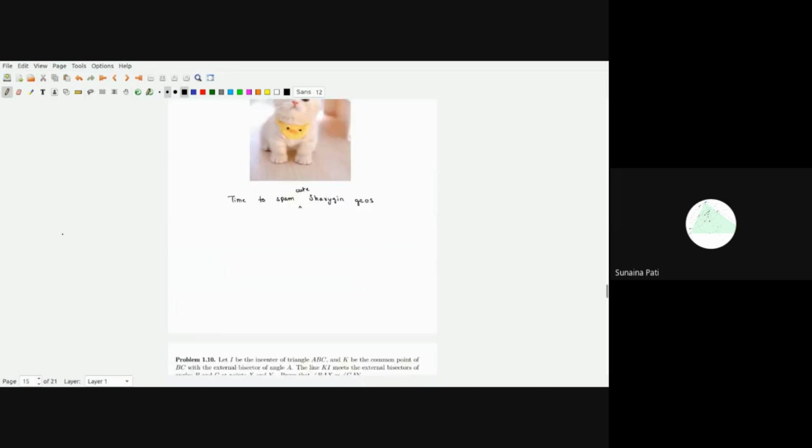Okay, so the problem is: let I be the incenter of triangle ABC, K be the common point of the external bisector of BC with the angle A, and then you intersect the line KI with the external angle bisectors of B and C at points X and Y. Prove that angle BAX is equal to angle CAY.